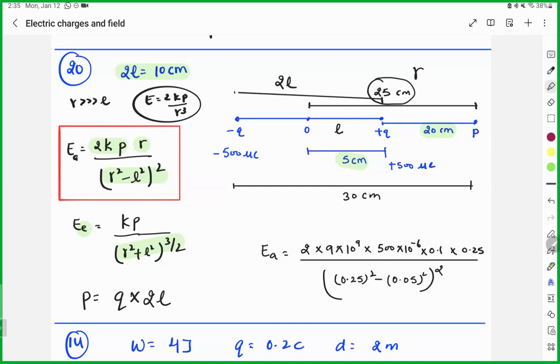What really matters is how you apply the formula. Many people will try to put this formula and it will be wrong, because we don't have this situation. Any doubt, guys?